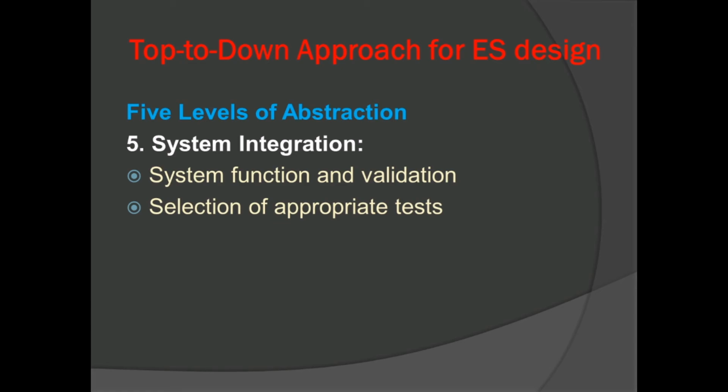Once we are able to meet the specified challenges in the system, that means we meet the design metric of the system. Design metric is a kind of benchmark for a given system. If we are able to achieve that benchmark, that means we are able to fulfill the given design metric, right? So we need to validate our system in the fifth level of abstraction called system integration for a given design metric.